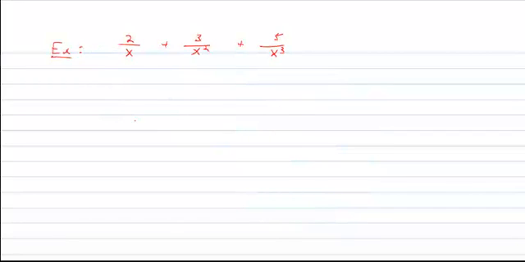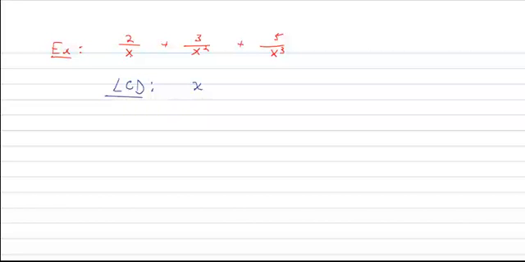In this example, we have 2 over x plus 3 over x squared plus 5 over x cubed. So let's build our LCD. We look at the first denominator, and there's no factoring in this particular example. In the first denominator, we can see that we have x as a factor.